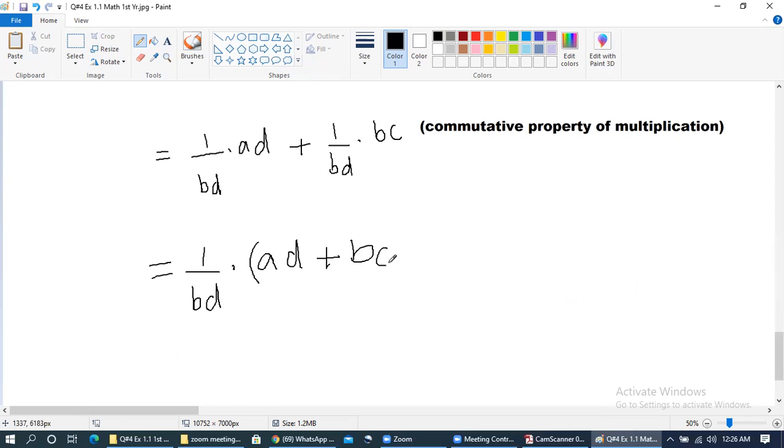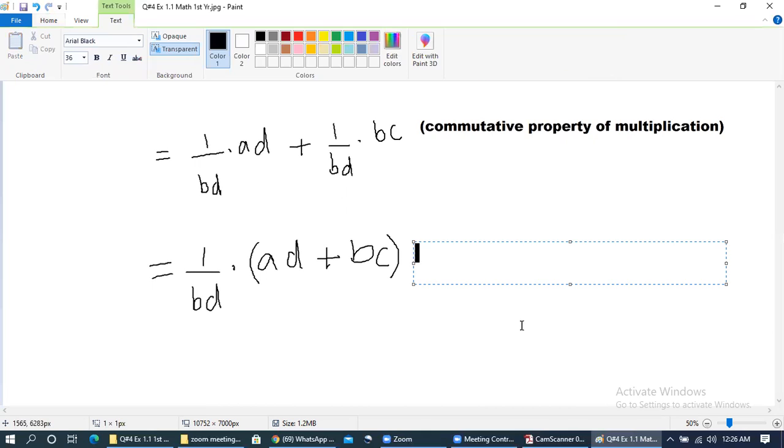And the property related to taking the common is called the distributive property. Which type of distributive property? Because 1 by BD has been taken common on the left side, this is the left distributive property. So you need to write this is left distributive property.